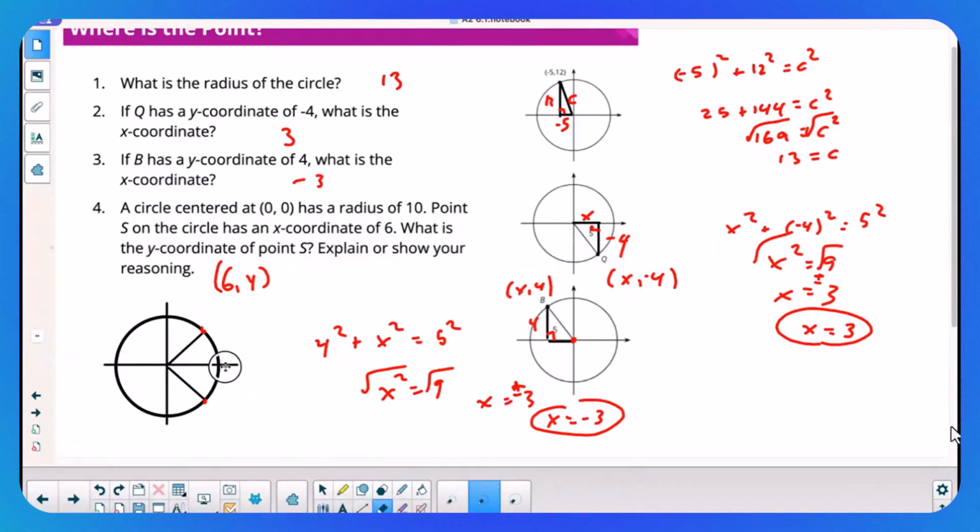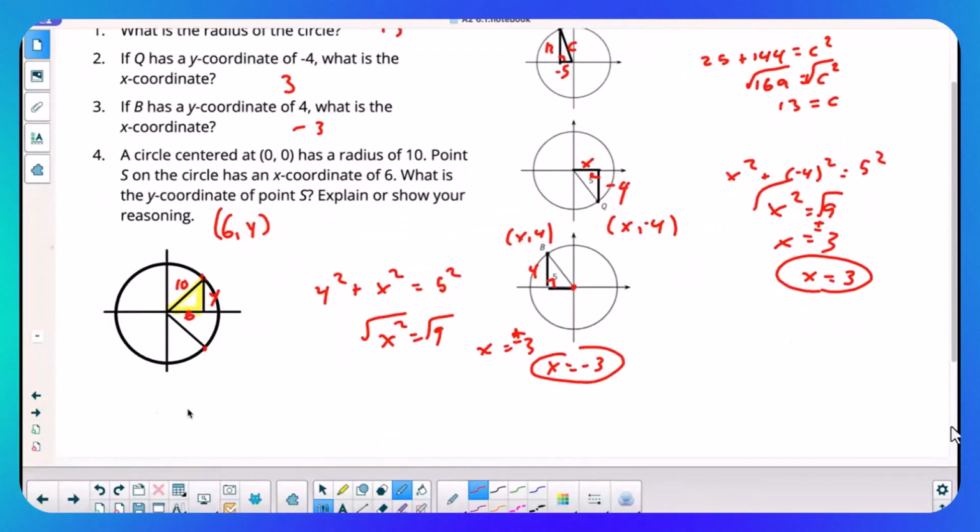We won't choose one. We'll actually just have both. So, if this was my triangle right here, let me highlight it here so you know what we're looking at. That's my triangle. Radius is 10. The x coordinate is 6. We want to find the y coordinate.